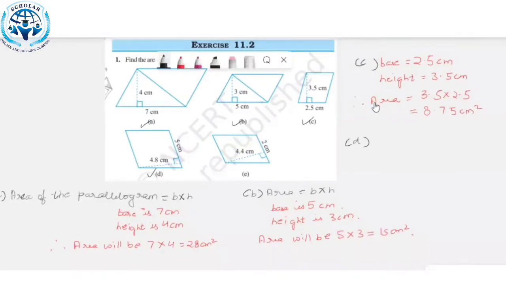Height is the altitude or the perpendicular drawn on the base. Here the height is 4.8 cm and base is 5 cm. We will multiply both base and height and get the area of the parallelogram.